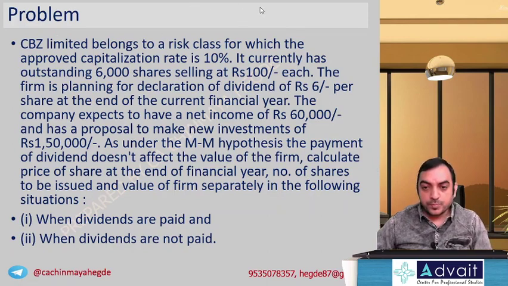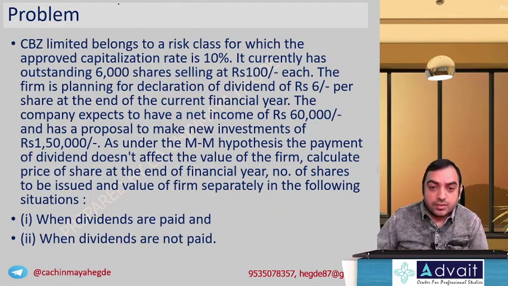Come to this problem. CBZ company, maybe problem 4950, something like that. Hope you got it. CBZ belongs to a risk class for which approved capitalization rate is 10%.